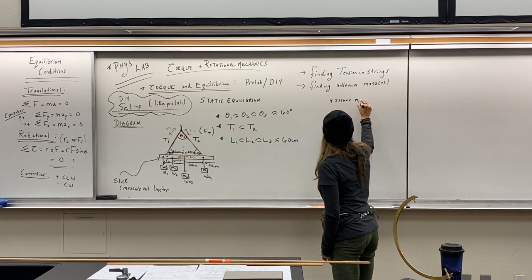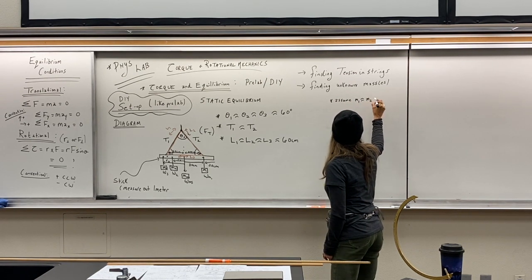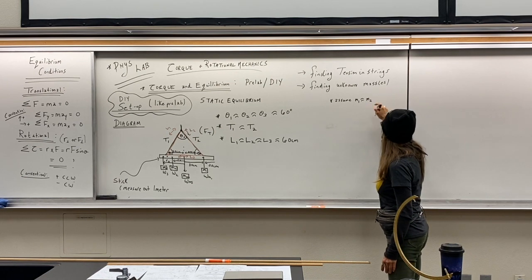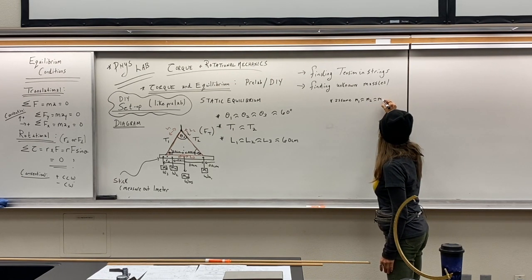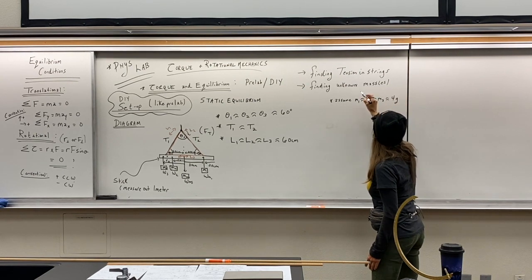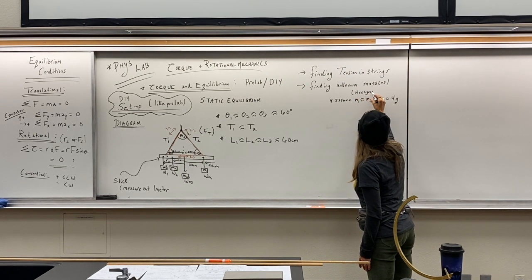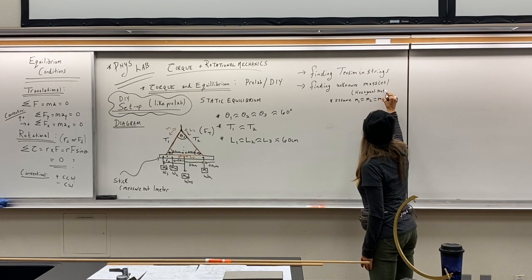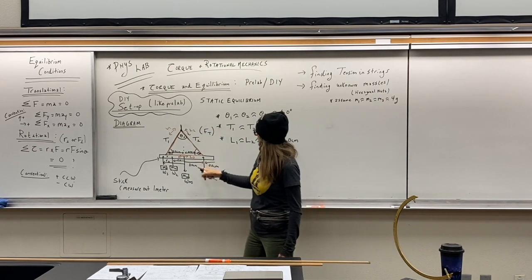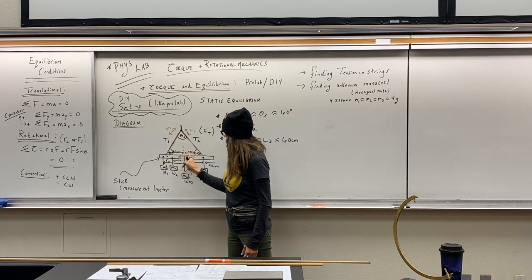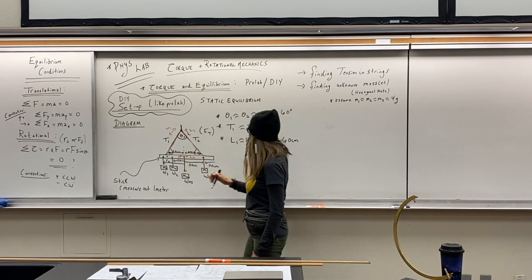So if I assume that my mass 1 is approximately equal to M, my second mass approximately equal to M3, and let's say that these are 4 grams, these are hexagonal nuts I used to hang from these positions, except for this, which is the center mass of the meter stick.